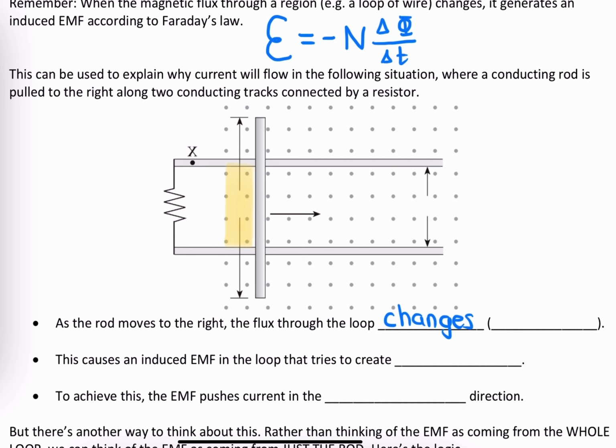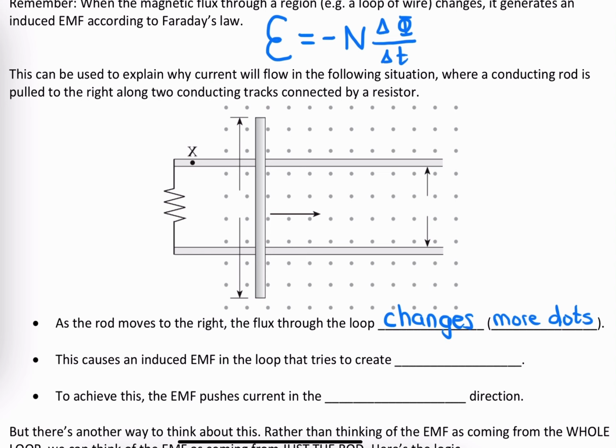Now remember, any change in flux will cause an induced EMF. So this change in flux through that loop will cause an induced EMF in that loop that's going to try to counteract the change. This is Lenz's law. So if nature suddenly sees there's more dots through that loop, it's going to try to oppose that change. It's going to say, hey, how can I fight all these new dots that are being added?